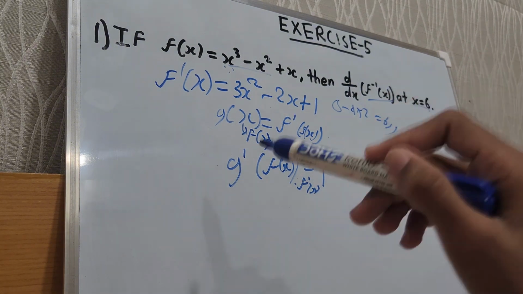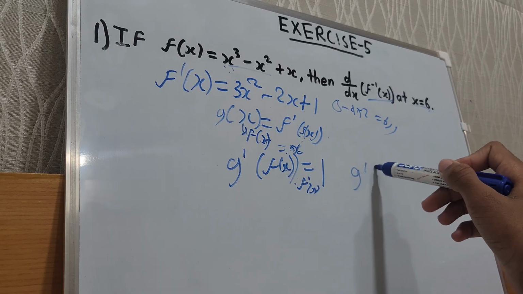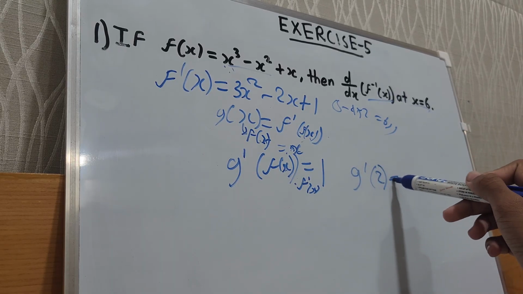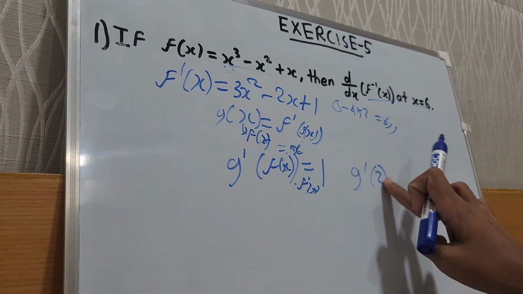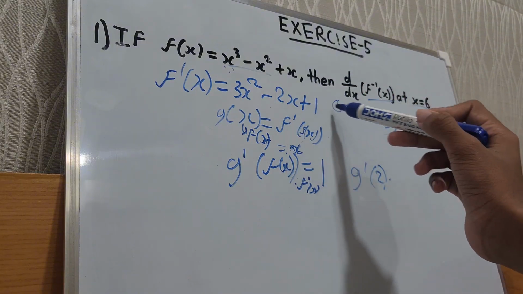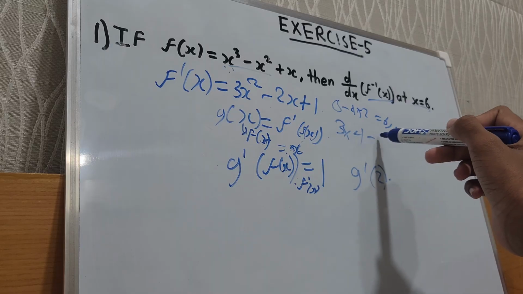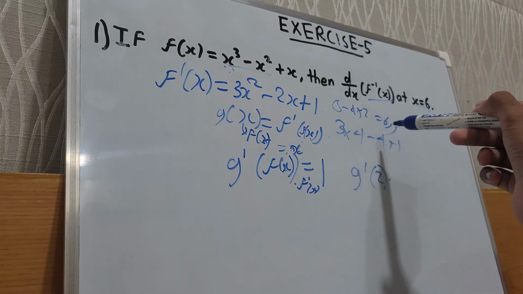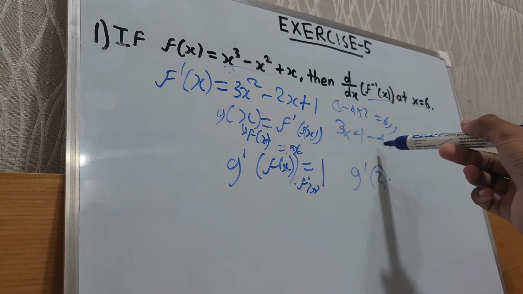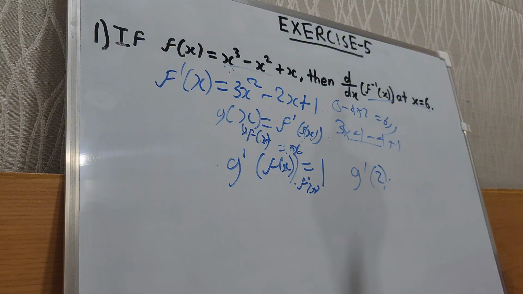Now substitute the value 2. g'(2) times f'(2). For f'(2) we substitute 2 here: 3 into 4 minus 4 plus 1, 12 minus 4 plus 1, we get 9.